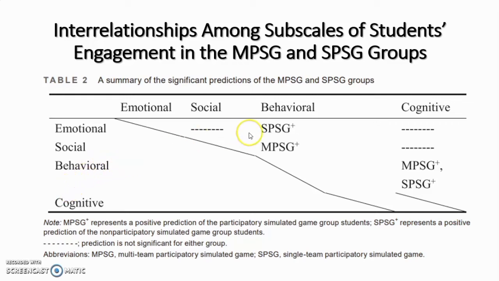On the contrary, the SPSG group students' emotional engagement had a positive relationship with their behavioral engagement, but not for the MPSG group. Furthermore, the MPSG group students' social engagement was a significant and positive predictor of their behavioral engagement. But this was not the case for SPSG group students.